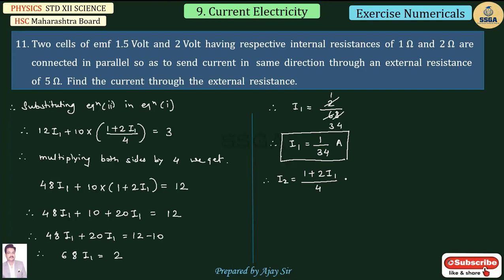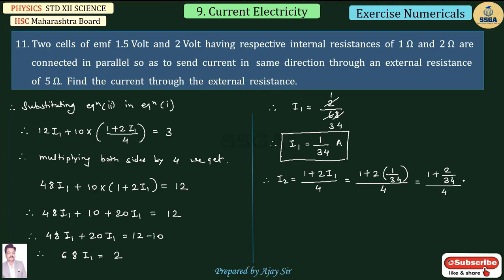Now let us put the value of I1 here. So (1 plus 2 into 1/34) divided by 4. Then this 2 we will write here. Therefore 1 plus 2 divided by 34, divided by 4.